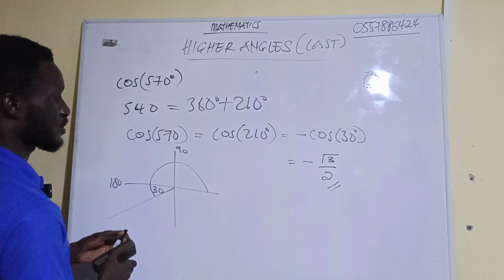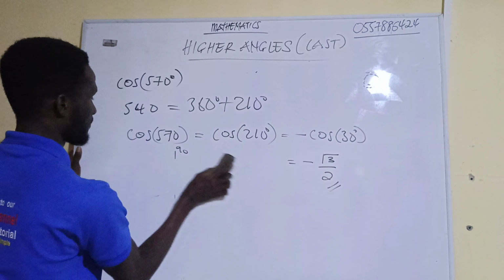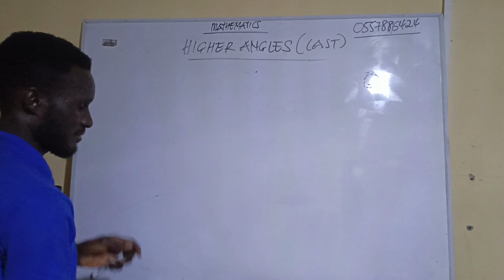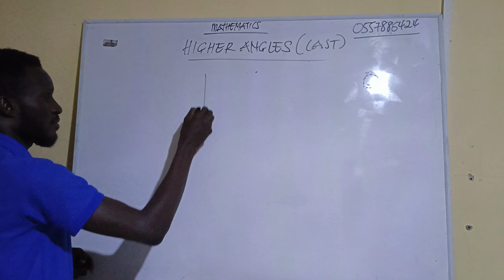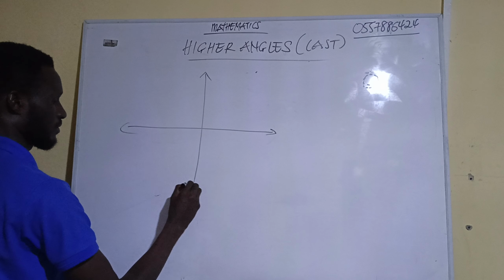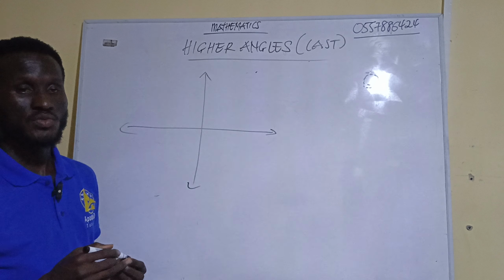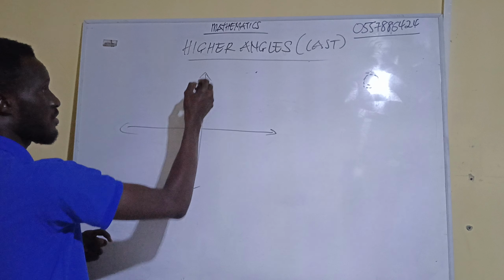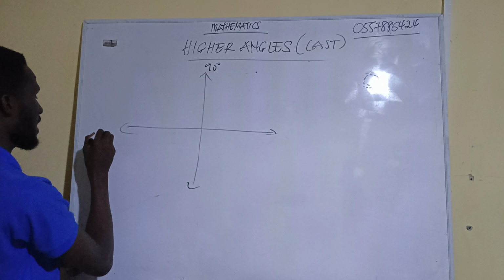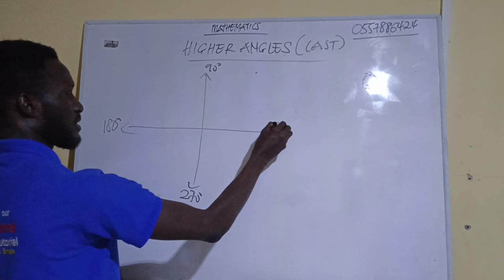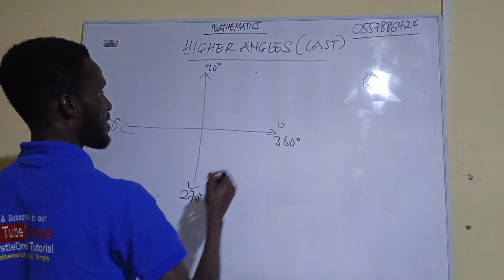Now, let me give you a shorter way we can find the answer. If you want to use formulas to get the angles along the x-axis, you can also use a formula. Don't forget that here is 90, here is 180, this side is 270, this side is 0 and 360 degrees.